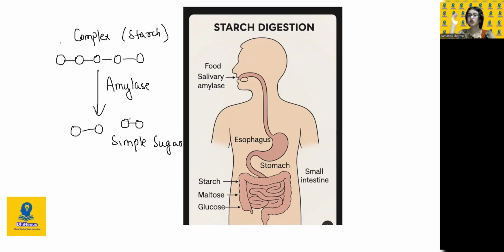Saliva contains an enzyme called amylase, and that helps in the breakdown of starch into simple sugar. You already know that our body cannot absorb food directly. Whatever you eat is made of complex molecules, and those cannot be digested by our body as they are.